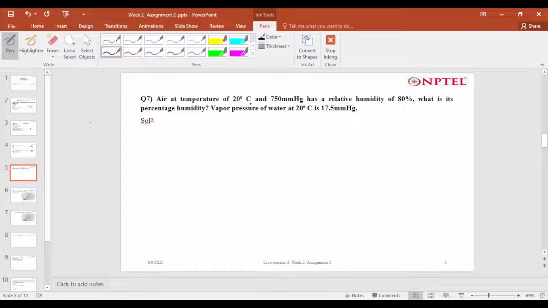Now already this is RH. RH into, now this term divided by vapor pressures.